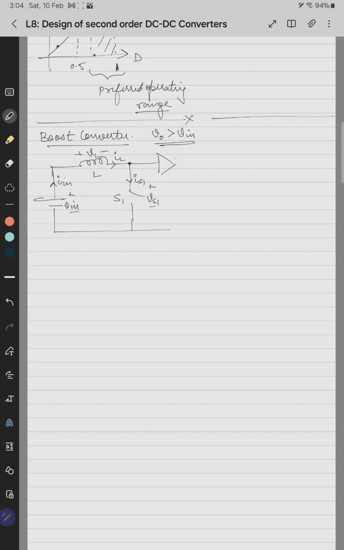After this we have a diode, capacitor, and then a load. This is C, this is R, variable load. That's why my load is changing. This is IC, this is V0, this is diode D1, so this is ID1, this is VD1 plus minus. This is the circuit of a boost converter.